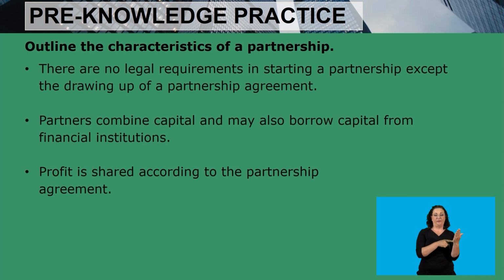Then another characteristic is that the profit is shared according to what we have agreed upon as partners when we started a partnership agreement. It doesn't go as 50-50. We decide when we start a partnership how we are going to split the profits, and then the profits have to be split like the agreement stipulates.